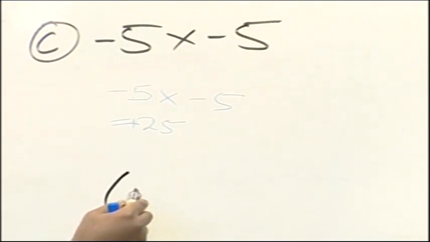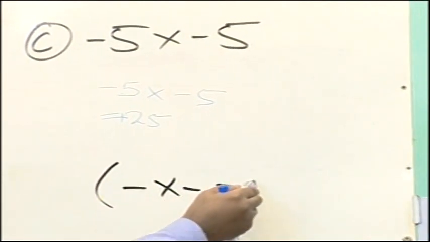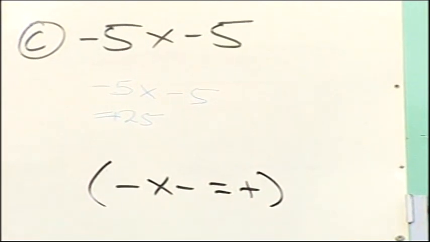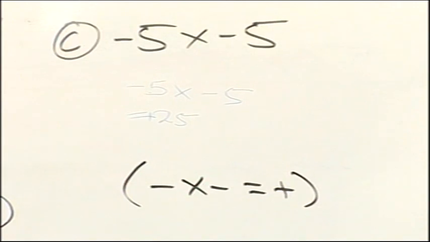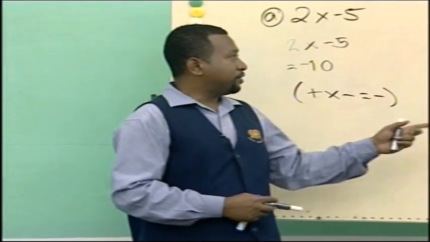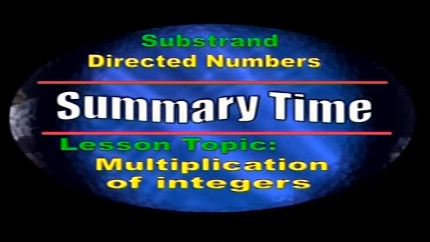So the rule applied is negative times negative is equal to positive. 7Es and receiving students, give yourself 5 big claps for your hard work in doing the 3 exercises correctly. Thank you.